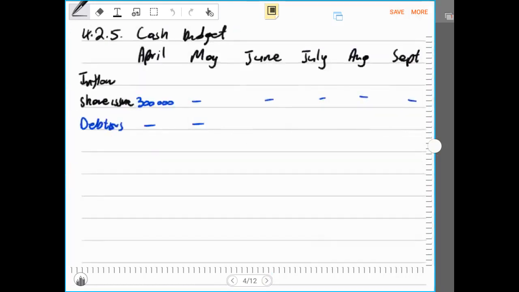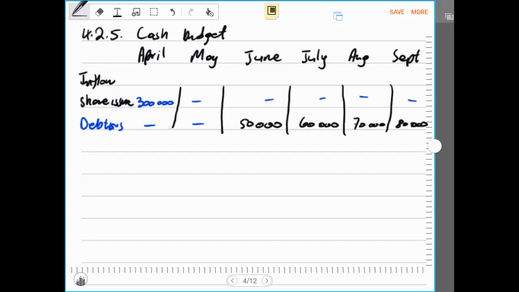So now we are recording that in the month of June, which is 50,000, in June, 60,000 in July, 70,000 in August, and 80,000 in September. So now these are the inflows of cash that came into the business in the respective months.